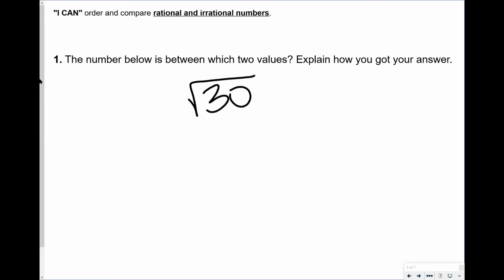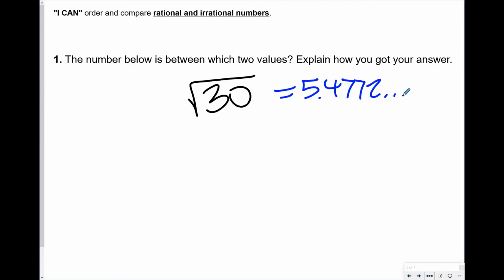Well, if we put this into a decimal, what will it give us? It's going to give us 5.4772, and so on.